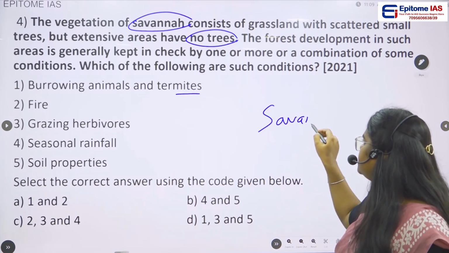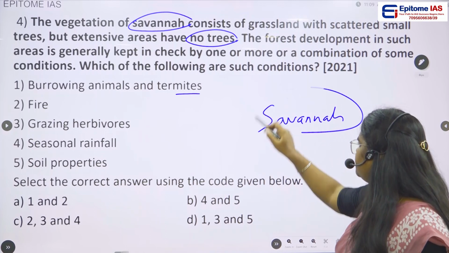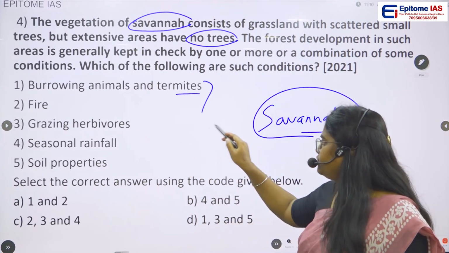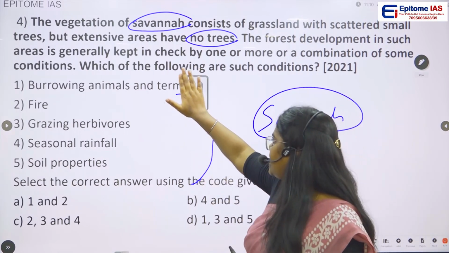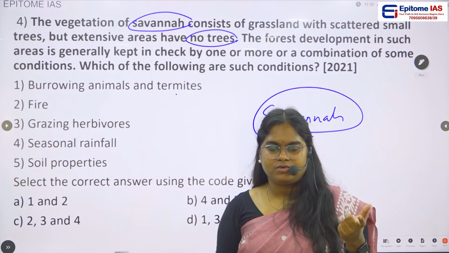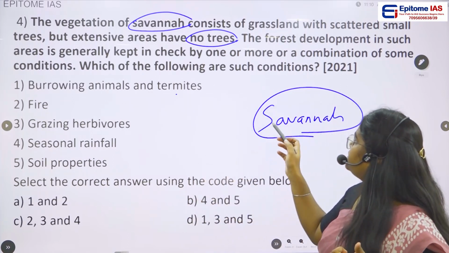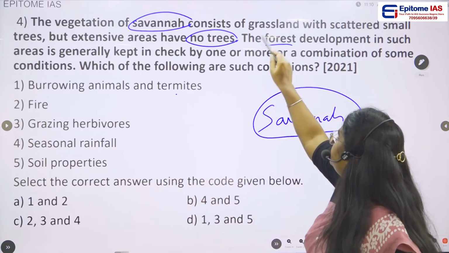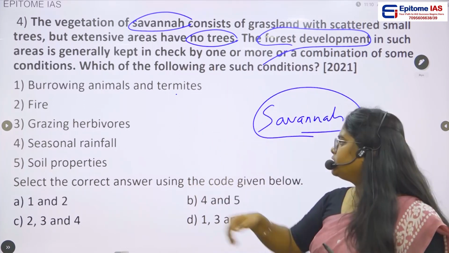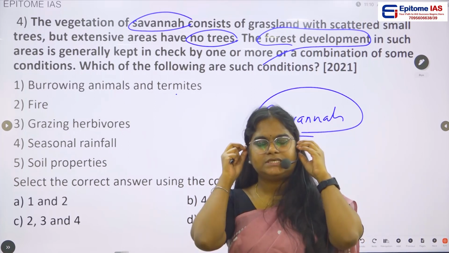Savanna are the grasslands, okay? So technically what they are saying is, in the savanna grasslands, which of these given options keep a check on the vegetation, or you can say impact the vegetation or the forest development? Which of these impact the development of the forest in the grasslands?